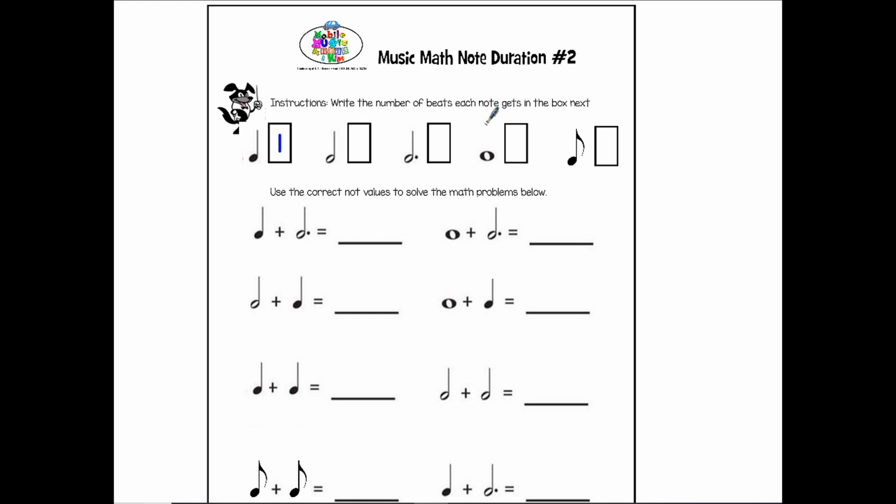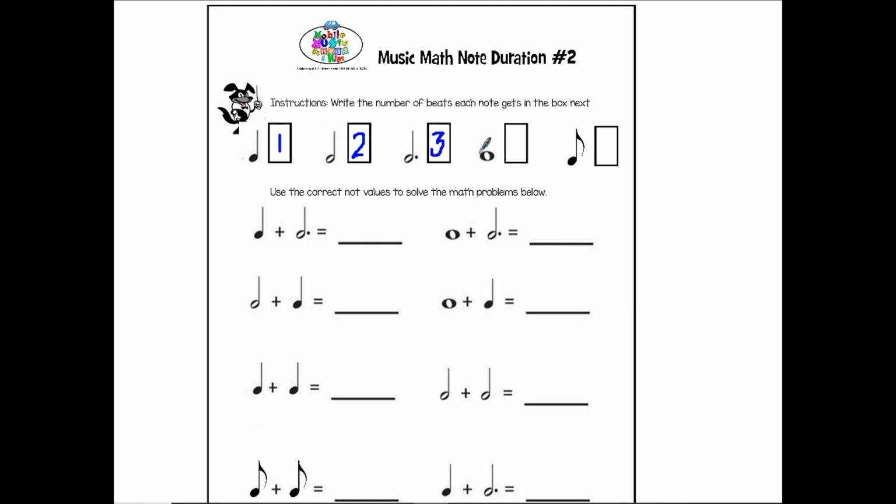And a half note gets how many beats? You're right, 2 beats. Now a half note with a little dot next to it is called a dotted half note. And it gets 3 beats. Perfect.